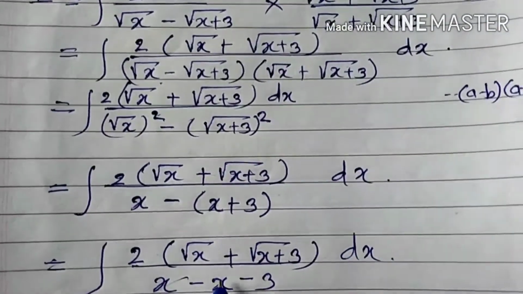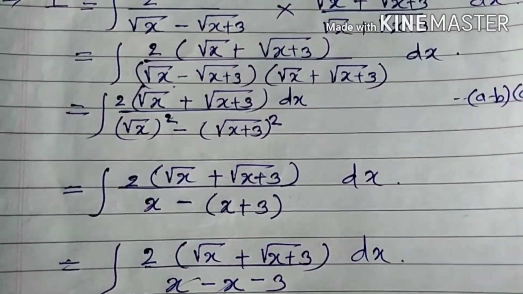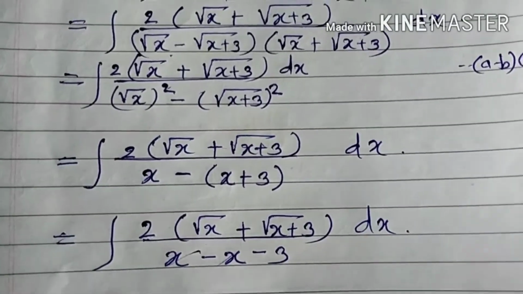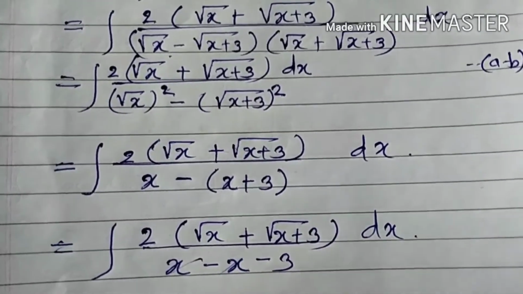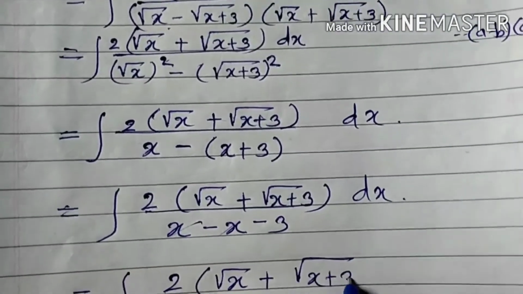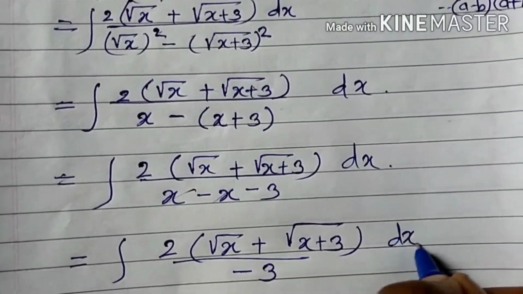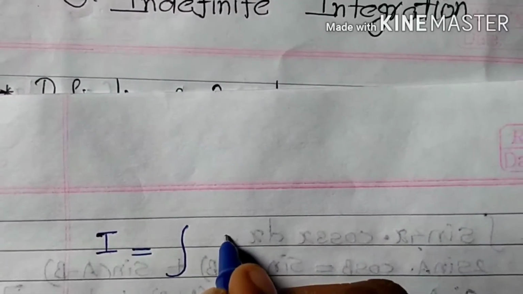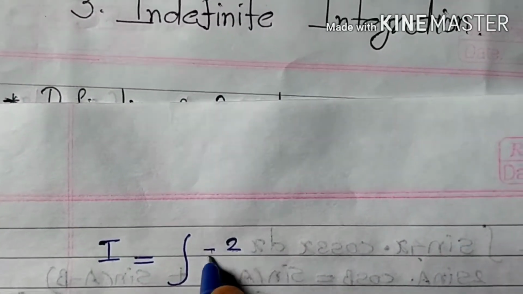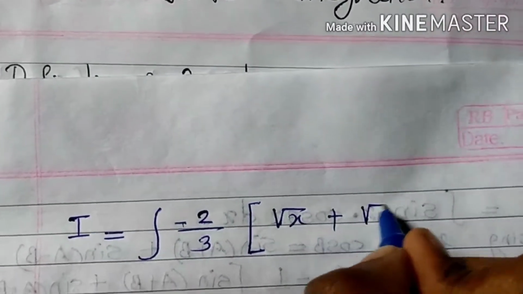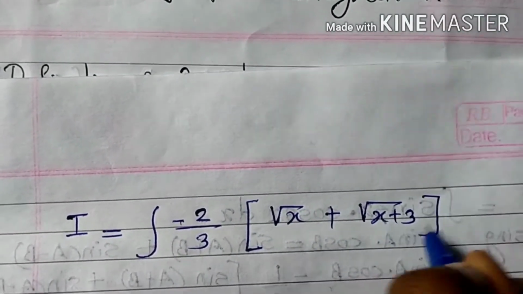So x minus x gets cancelled, so we get the integration of 2 under root of x plus under root of x plus 3 upon minus 3 dx. Now next, I is equal to the integration of 2 minus 2 upon 3 under root of x plus under root of x plus 3 dx.